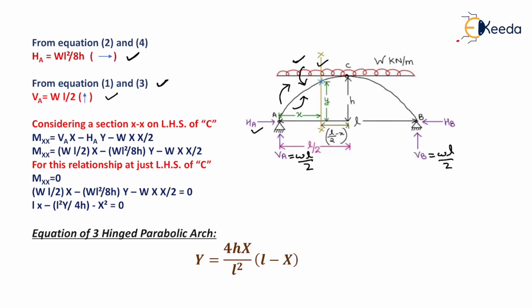After putting the value of VA as WL by 2 and HA as WL square by 8H, we get the equation of MXX.